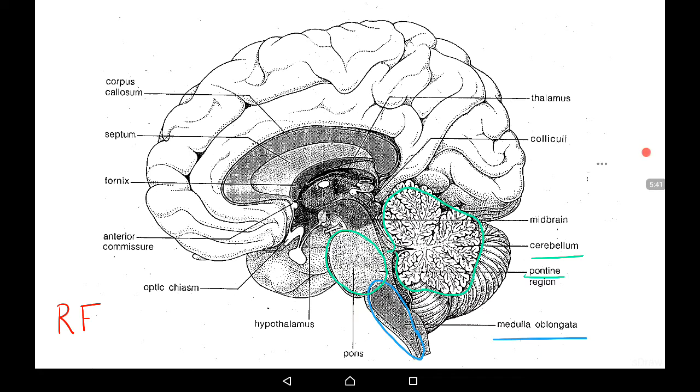The reticular formation is found throughout the brainstem, in the spinal cord and in other parts of the brain. It is an important part of the system that produces arousal.